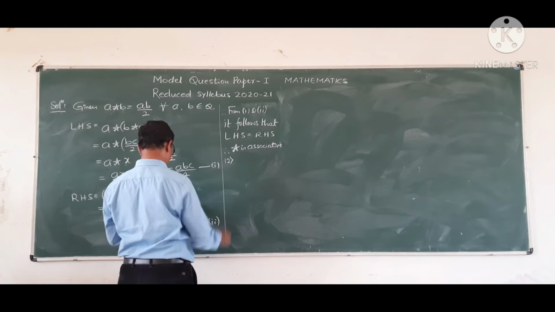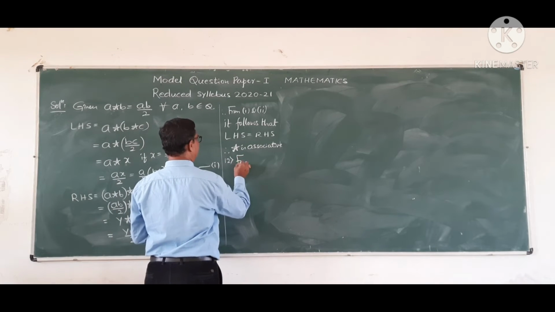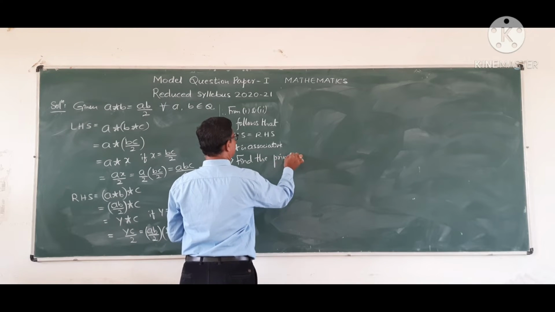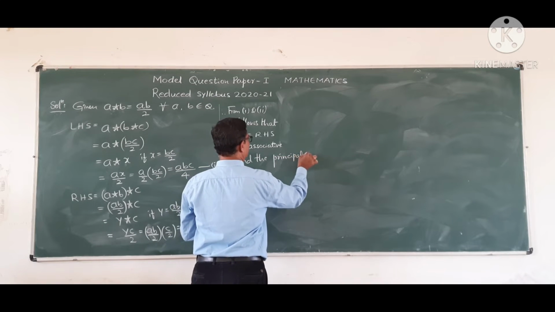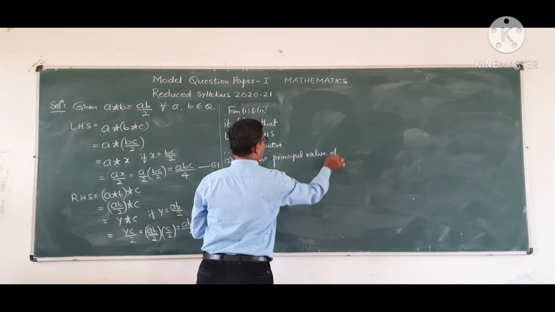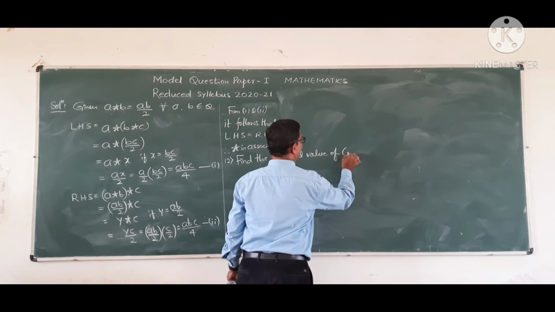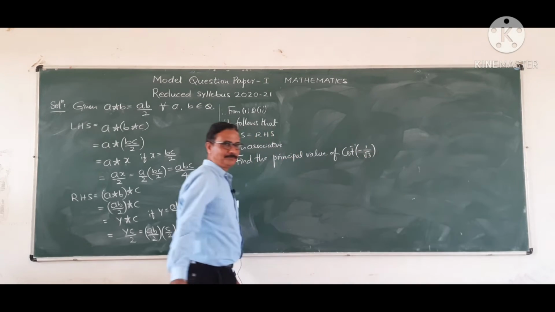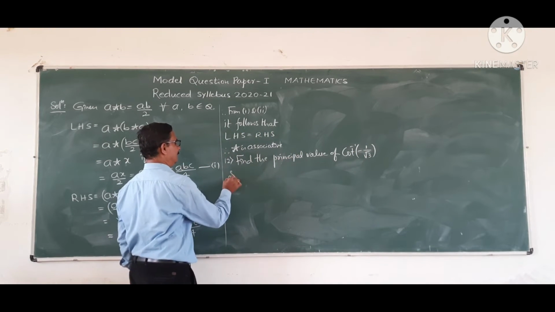Twelfth question, 2 marks. Find the principal value of cot inverse of minus 1 by root 3. Look here.